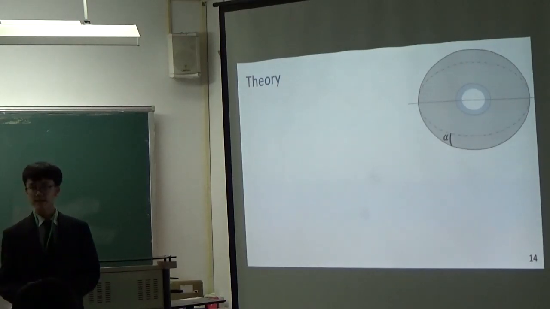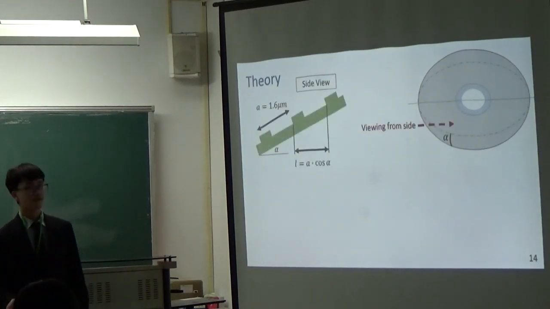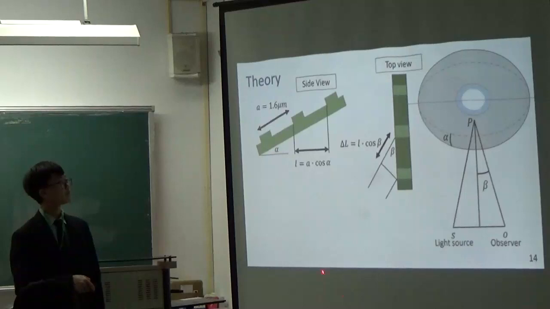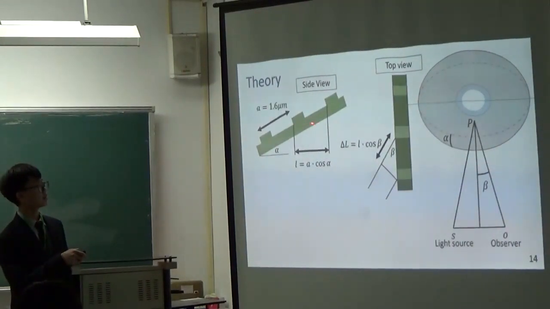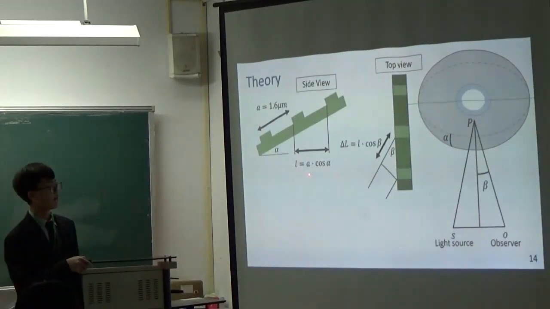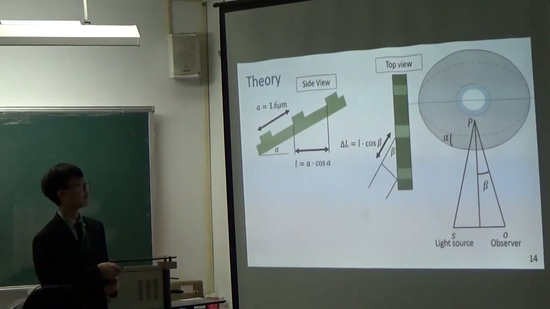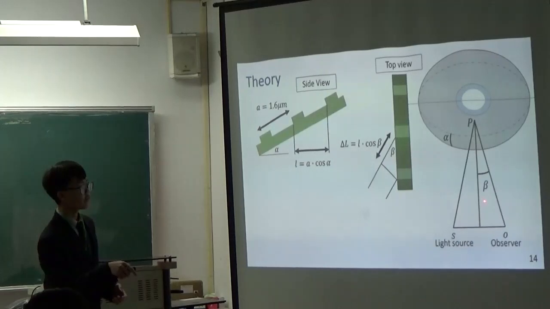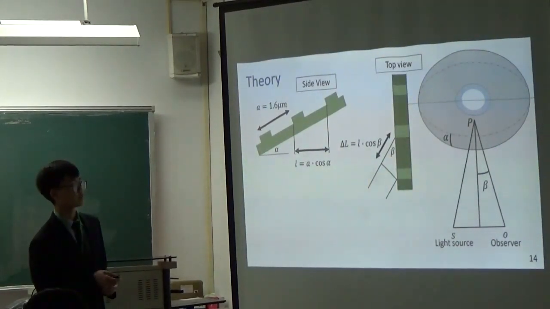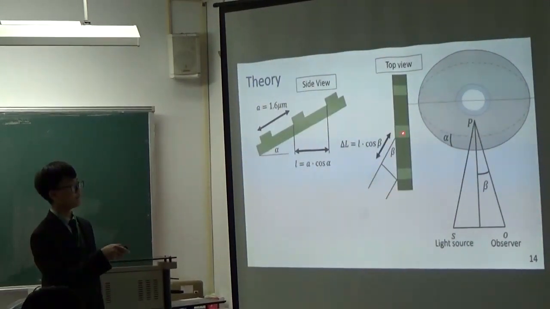Then we have to calculate the relation between the tilting angle and the dominant wavelength. We can first find the linear distance between these tracks as the distance between the tracks times the cosine value of the tilting angle. And then the observer angle also affects the experimental results.